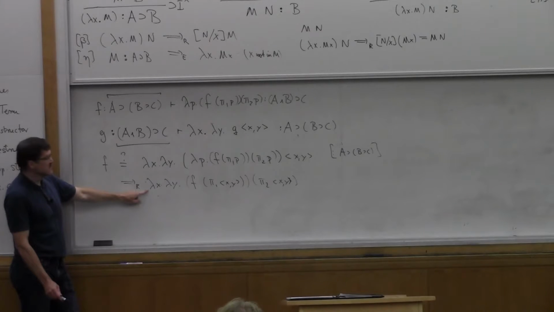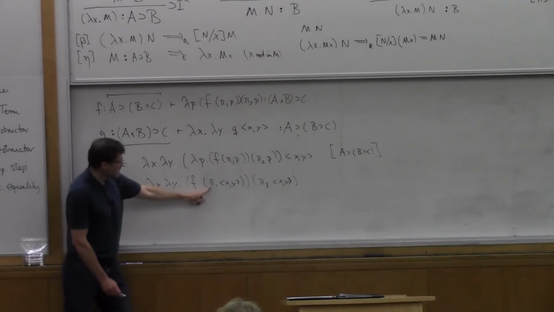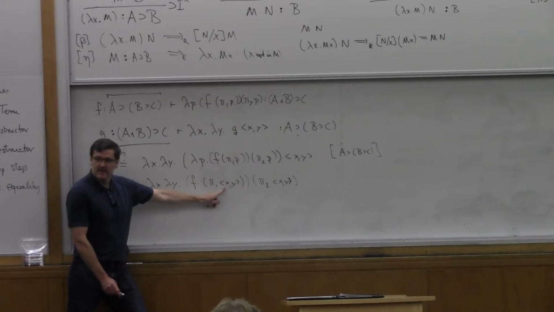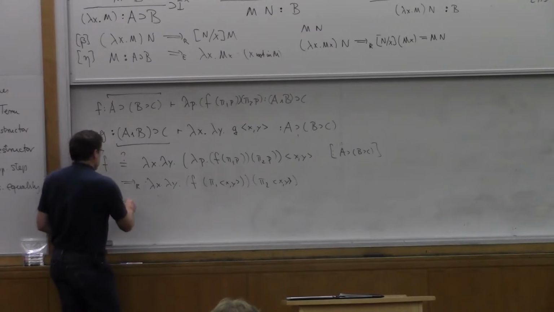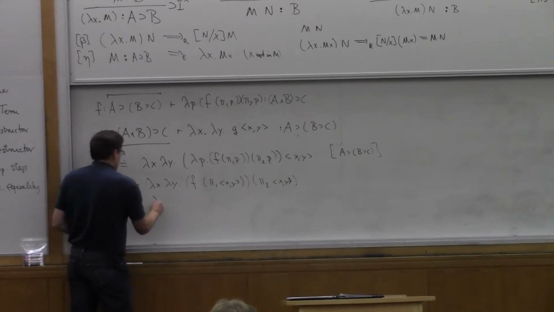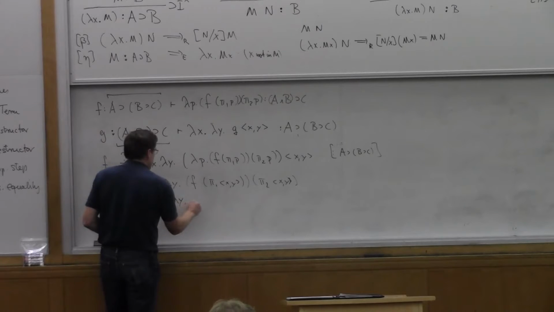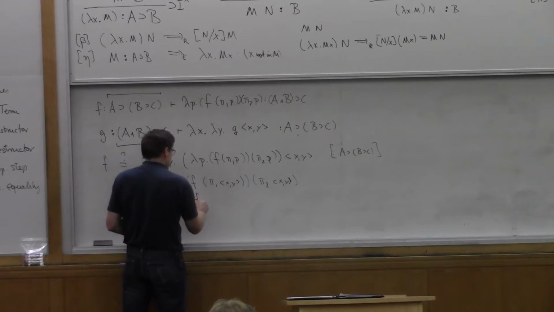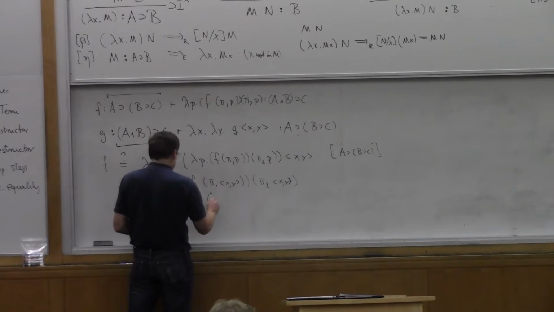So now what can I do here? Can I reduce this? Can I reason by extensionality? What can I do here? It can be reduced because I have pi 1 of a pair. So this reduces to lambda x, lambda y, f of x.